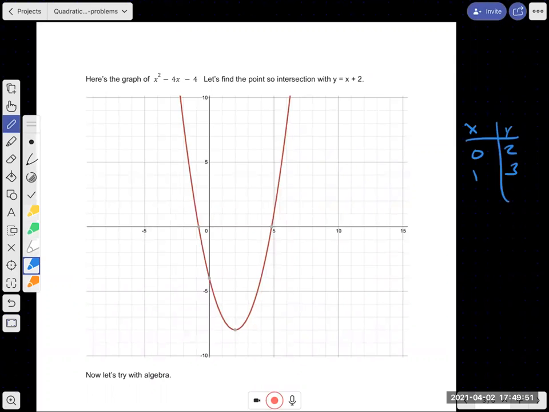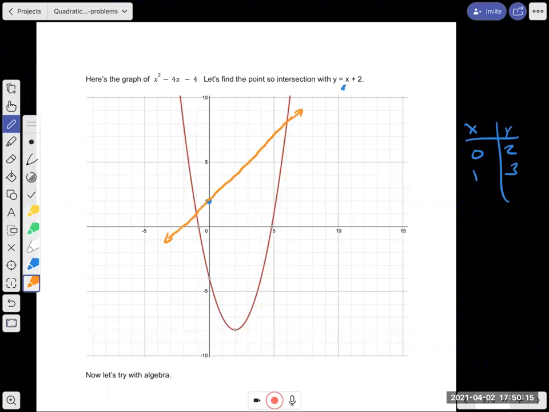But this one's so easy that you say, well, what's the y-intercept? Well, when x is 0, y is 2. Okay, what's the slope of this line? Well, it's just 1, right? There's no coefficient on the x. So you say, okay, if the slope is just 1, I can just draw this line. And there we go.